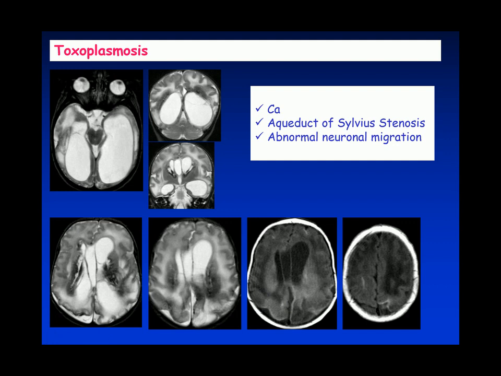There is pachygyria, and also you see on T2-weighted sequences this low signal intensity suggesting the presence of calcifications, and these calcifications appear with high signal intensity on T1-weighted images due to the paradoxical high signal intensity.